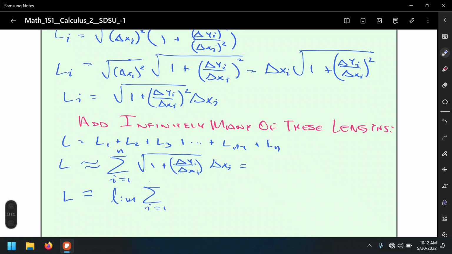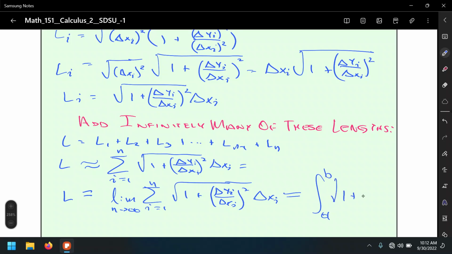The sum from i equals 1 to n of the square root of 1 plus delta y over delta x, I forgot the square, as n approaches infinity, and this will become the integral from a to b of the square root of 1 plus f prime squared dx.